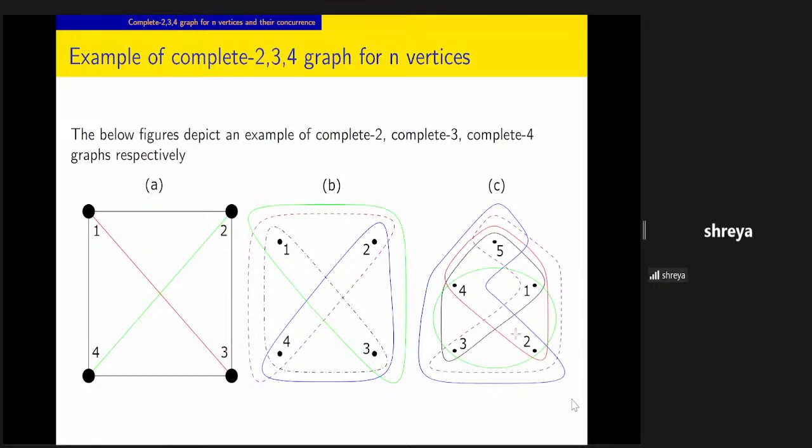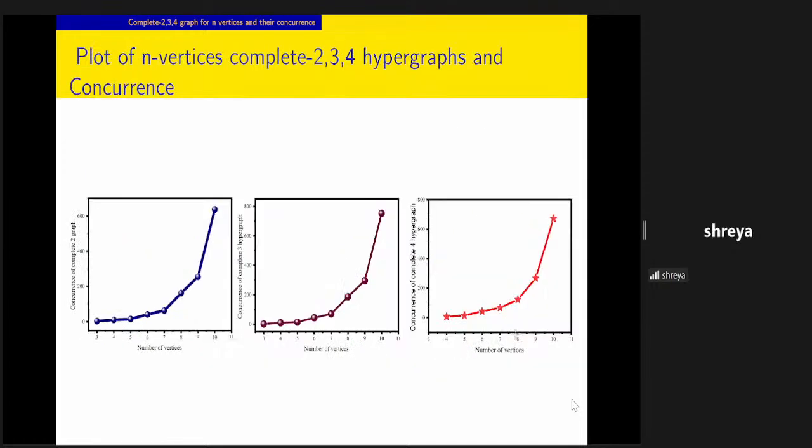And after that, we calculate the concurrences with the number of vertices for these complete classes of hypergraphs, like complete 2, 3, and 4 hypergraphs. For the complete 2 hypergraph, we see that concurrence is increasing with the increase of the number of vertices.